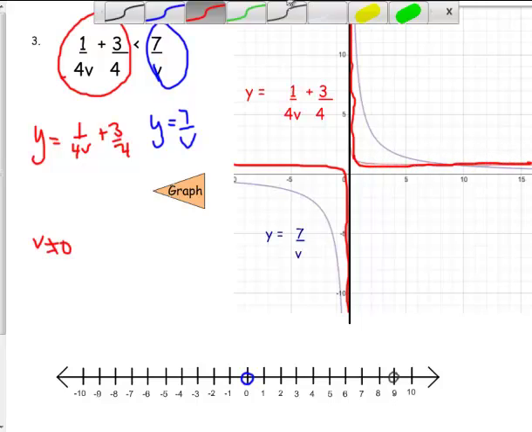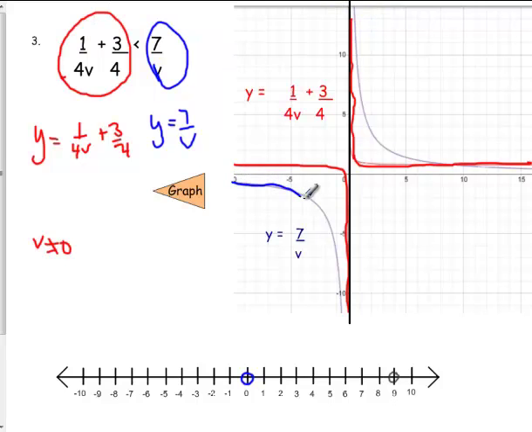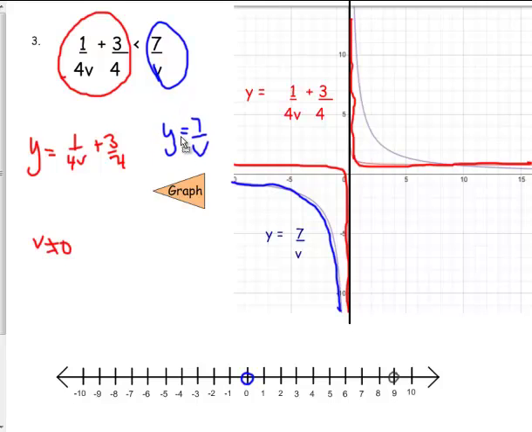Okay, here's my blue graph. Right there. So if I look right here, is my red graph less than my blue graph?